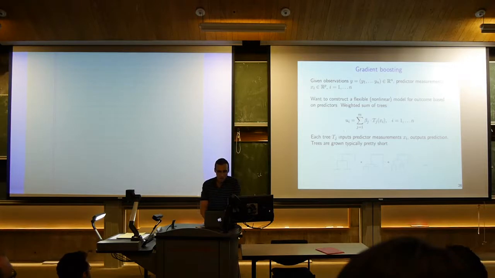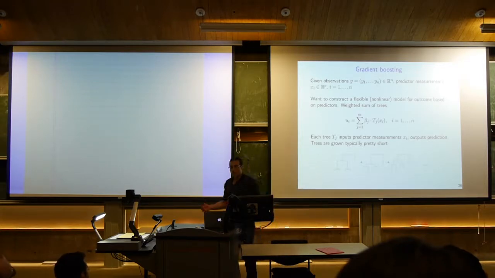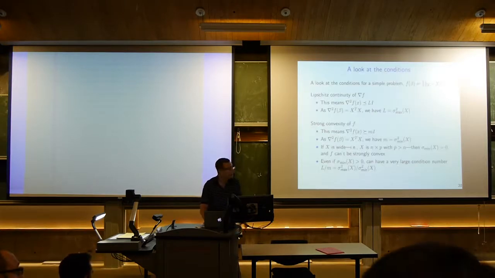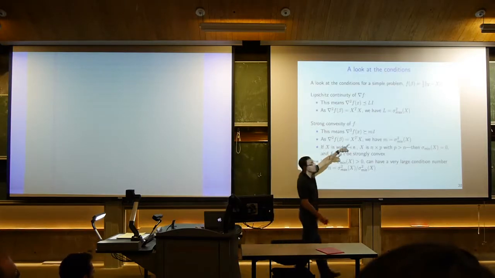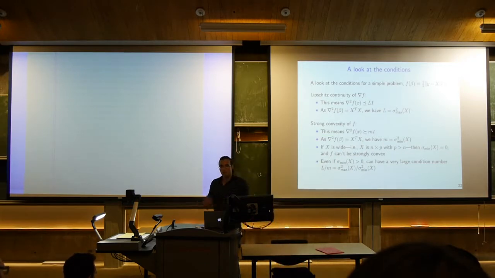But the unique thing about this setting is that we don't actually have a typical model in mind for how, let's say, the mean of y should relate to these x's. In linear regression, we think about the mean of y being a linear function of the x's, right? And then we minimize something like this in order to get a linear function of the x's that predicts y well.